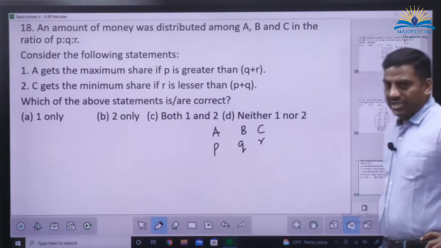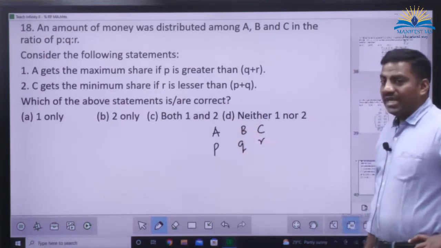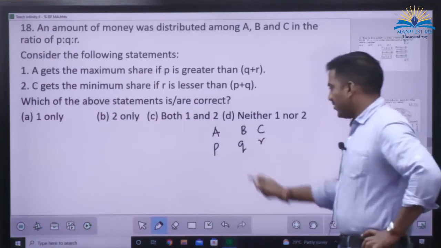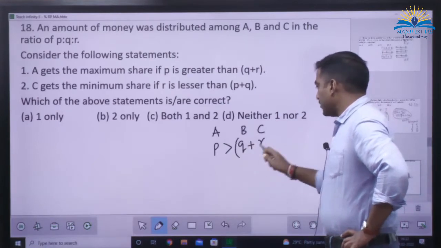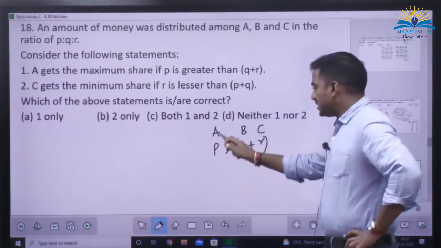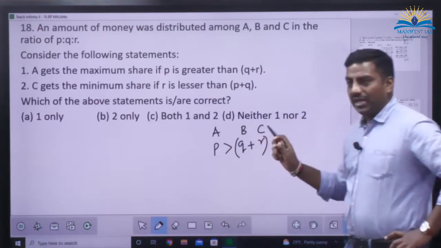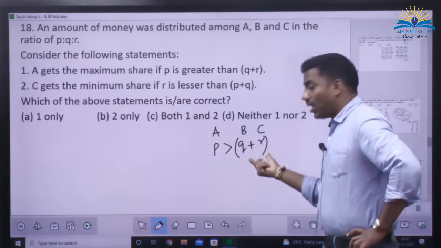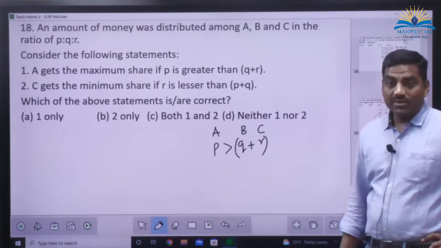A gets the maximum share if P is greater than Q plus R. A's share is P, B's share is Q, C's share is R. What does it mean? A's share is more than the sum of B and C. Yes or no? So in that case, A gets the maximum share.